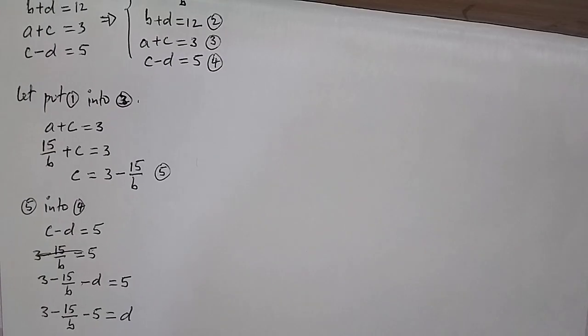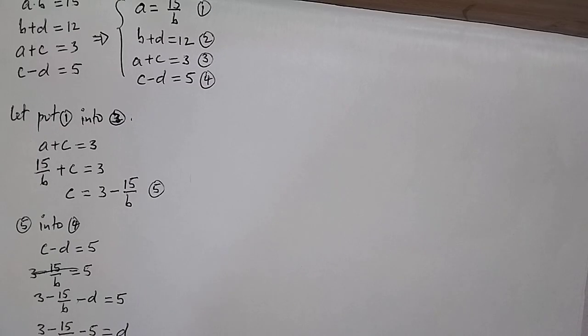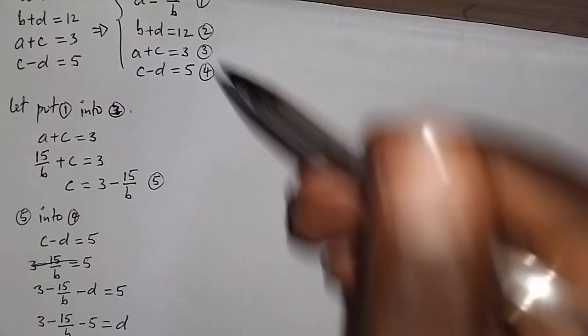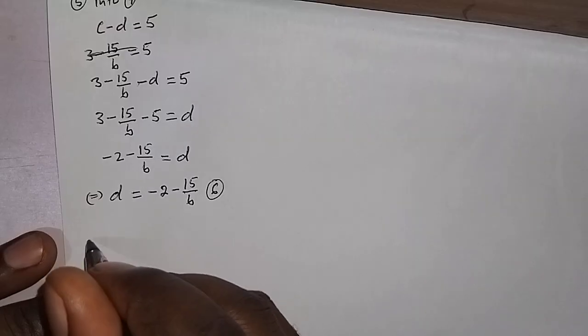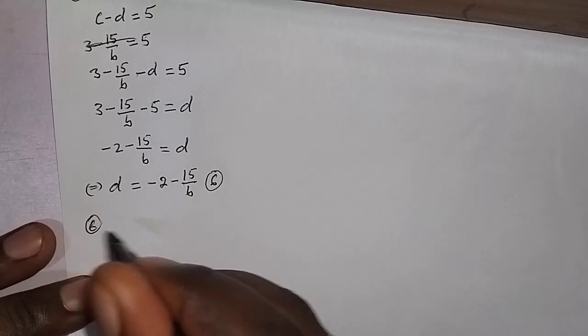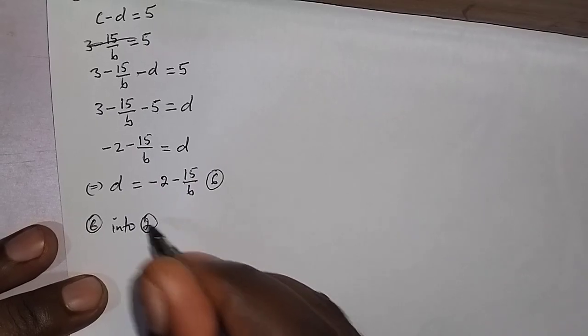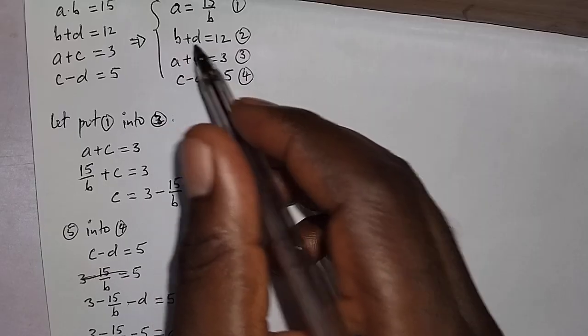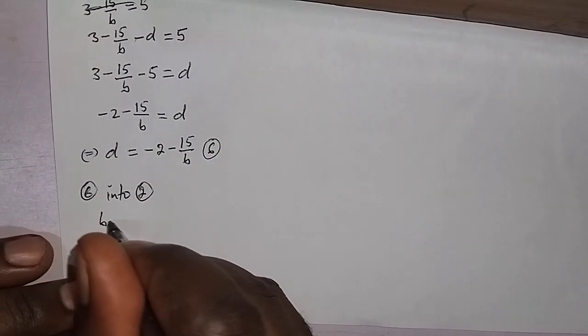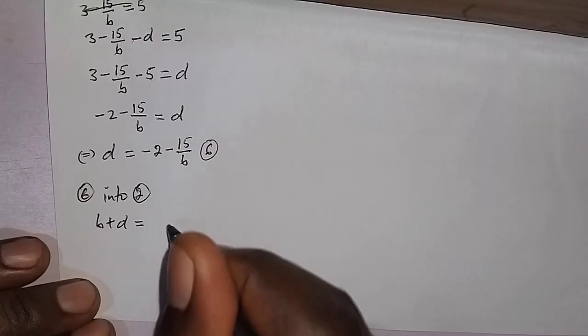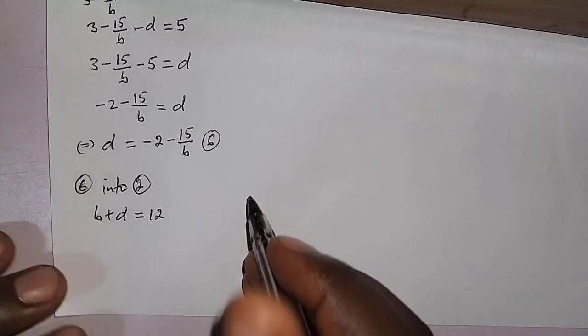Then equation 6 is D. Let's put equation 6 into equation 2. Equation 2 is B plus D, which is equal to 12.